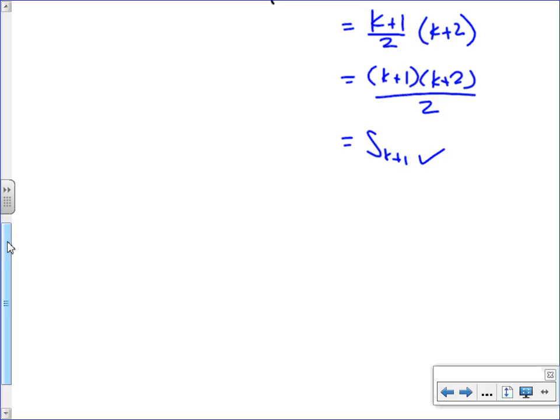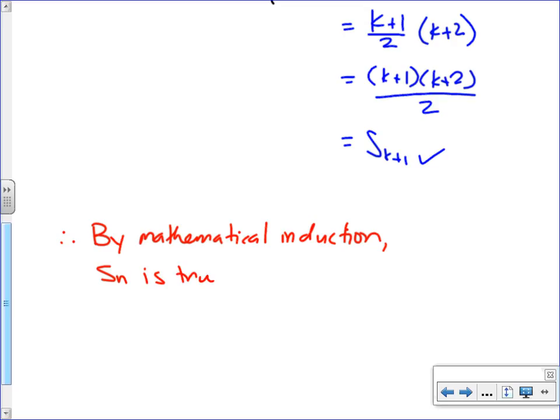You say, therefore, by mathematical induction, S_n is true for every positive integer n. So make sure you have your introduction and your conclusion.